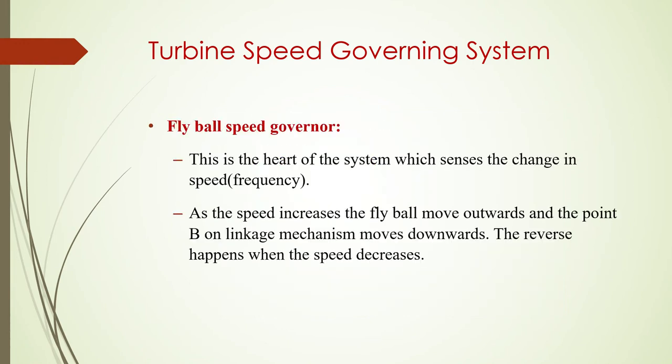Fly ball speed governor is the heart of the system which will sense the changes in speed and hence changes in frequency. As the speed increases, the fly ball will move outwards and the point B on the linkage mechanism will move downwards. The reverse will happen when the speed decreases.